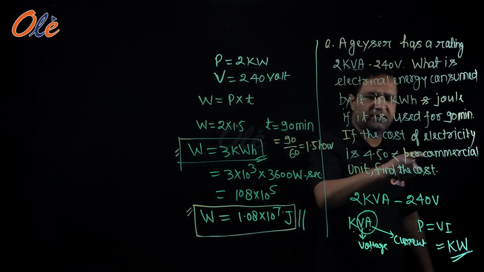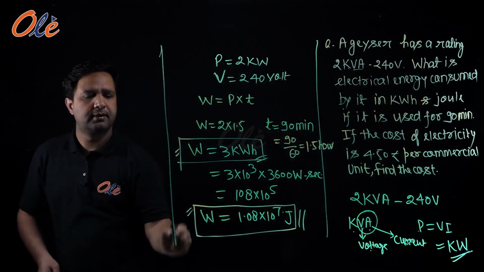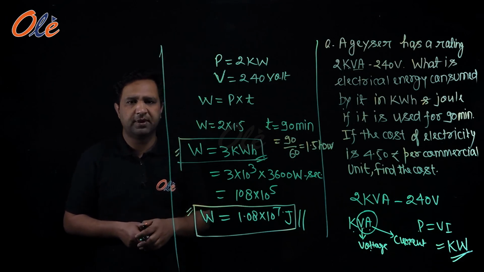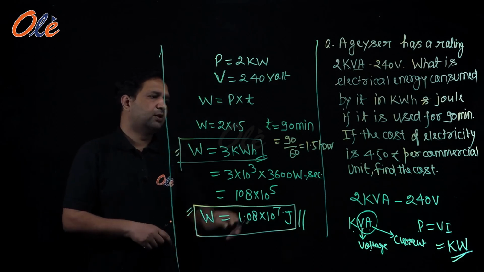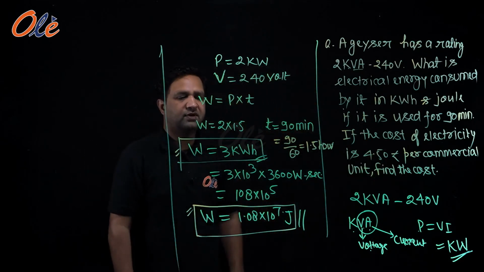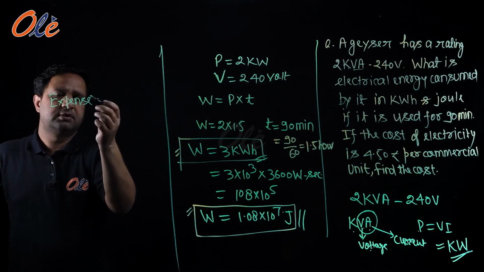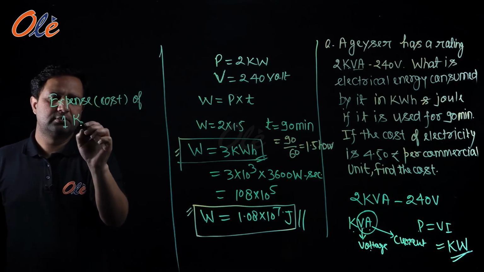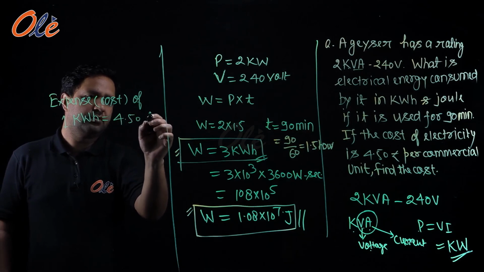The next is, if the cost of electricity is 4.50 rupees per commercial unit. Now what is a commercial unit? You should know what the commercial unit is. In the energy meter, the commercial unit is the one in which your household electricity bill comes. It is kilowatt hour, not joule. So the expense of 1 kilowatt hour is 4.50 rupees. So the cost of 1 kilowatt hour is equal to 4.50 rupees.